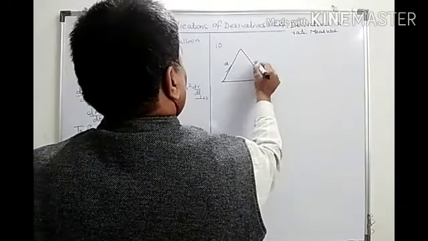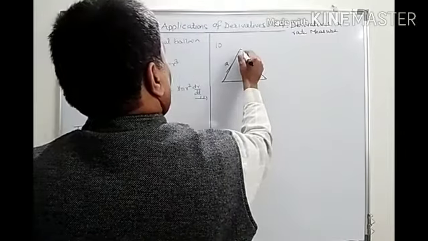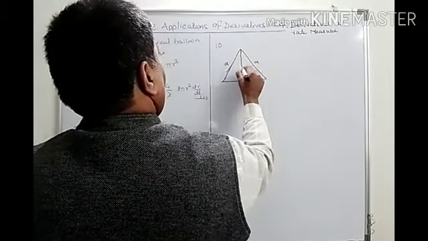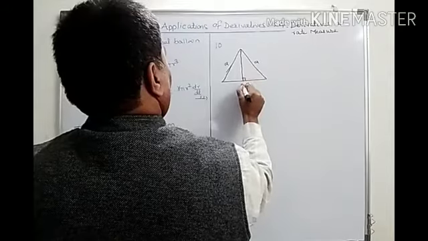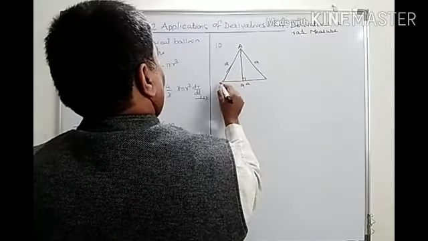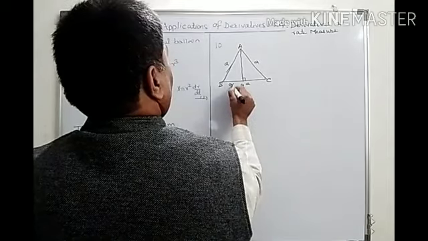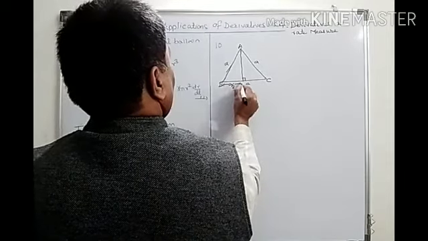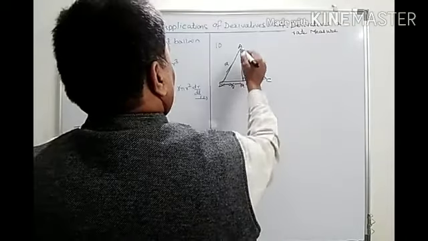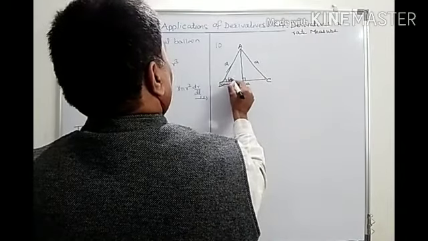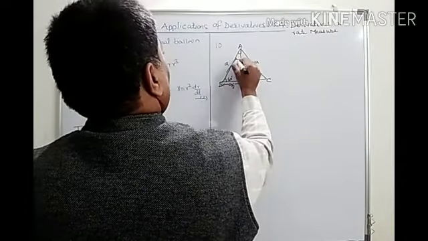Suppose this side is A. If I draw AM to be perpendicular, then this will become A by 2. And this angle is 60 degree. This is your 30 degree.